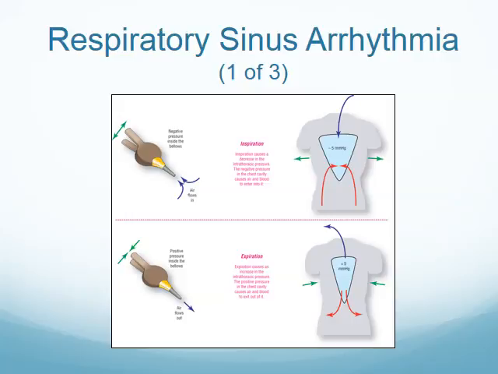As we breathe out, it increases the pressure in the thoracic cavity, and then what this is going to do is force blood out into the system. So whenever we breathe in, we're pulling blood into the thoracic cavity, and when we breathe out, we're pushing blood out. As we do this, we see a change in the heart rate associated with this.